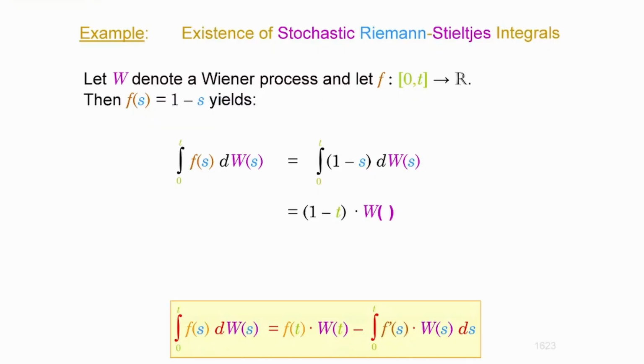And then, of course, minus the integral of the derivative, which is going to yield a plus sign, because the derivative of 1 minus s with respect to s is going to be plus. So here comes plus the integral from 0 to t of the Wiener process integrated with respect to s.